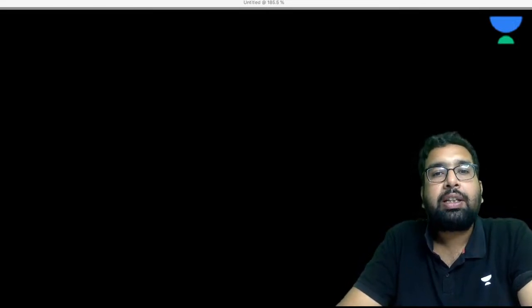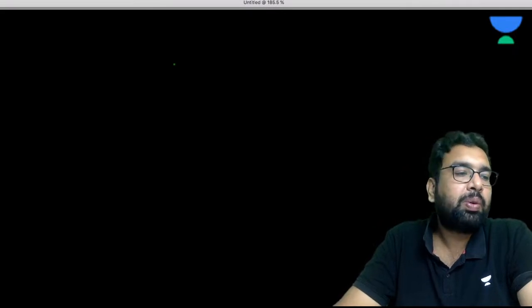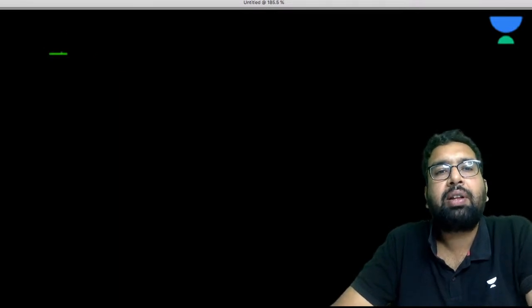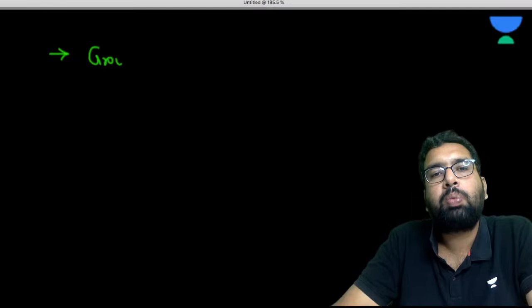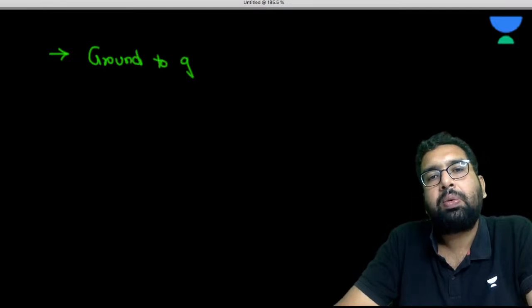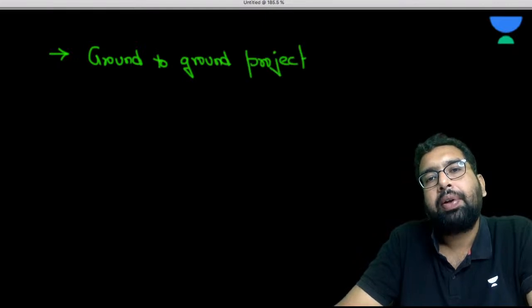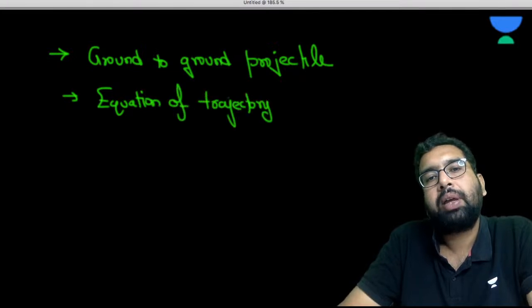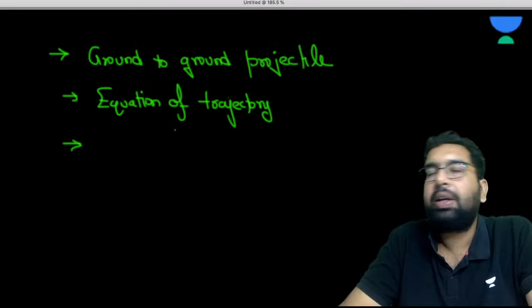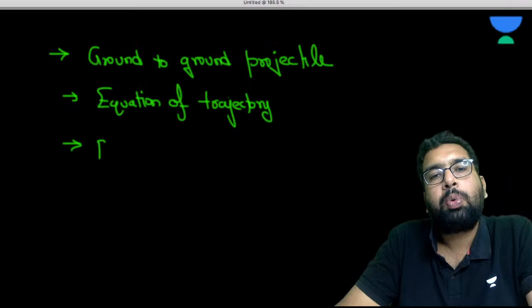Before we start, we need to go through the basics. What we have done till now is in three parts. We have seen the ground to ground projectile, the equation of the trajectory and its use, and lastly projectile from a height.